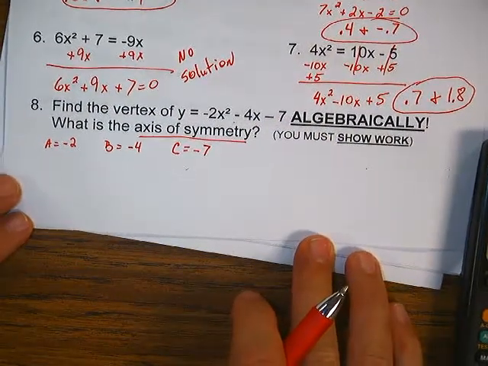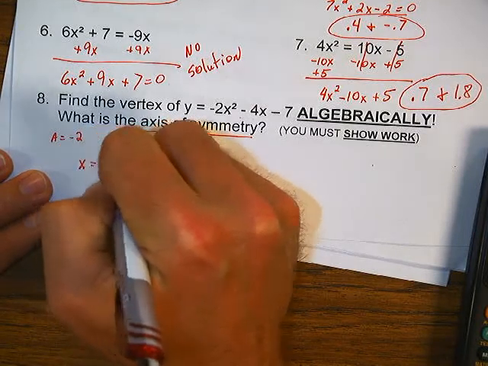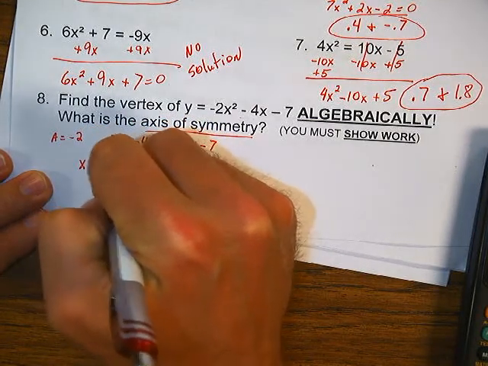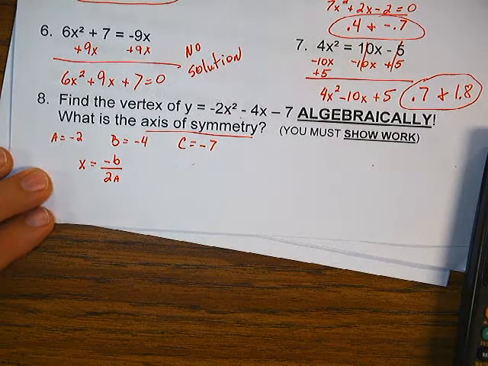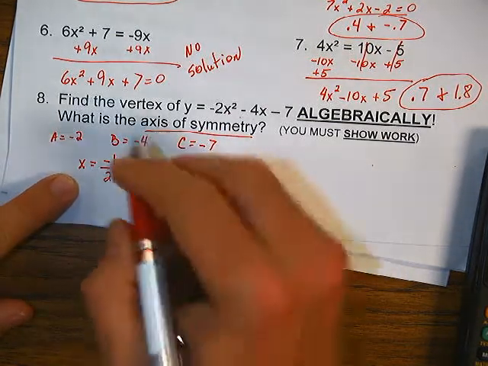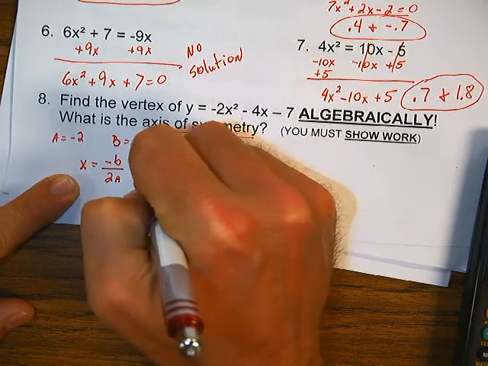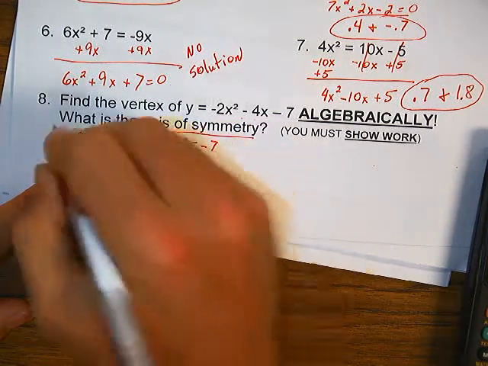Okay, the formula to find the axis of symmetry is x equals the opposite of B over 2A. So now let's plug this in. Opposite of B, opposite of negative 4 is positive 4, over 2 times negative 2, because A is negative 2.